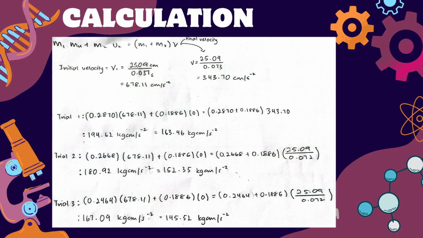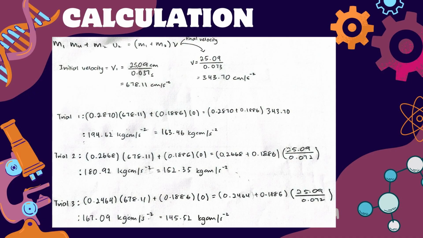For the final velocity, we use the same velocity formula, but the time we use is the second time that we recorded in the same trial. So the amount of final velocity is 343.70 centimeter per second. So let us figure out all three trials by using the formula.